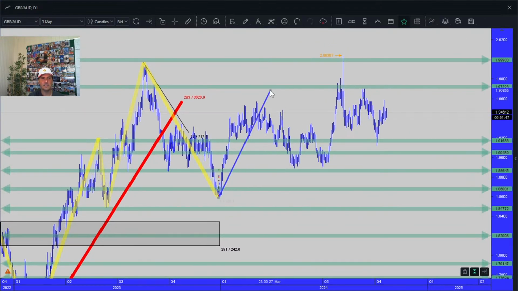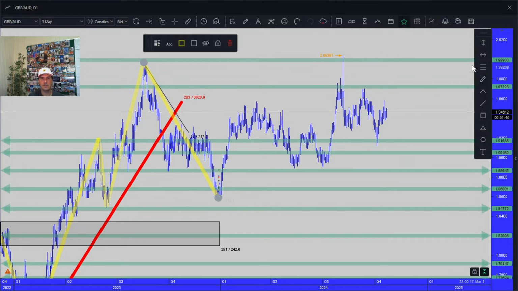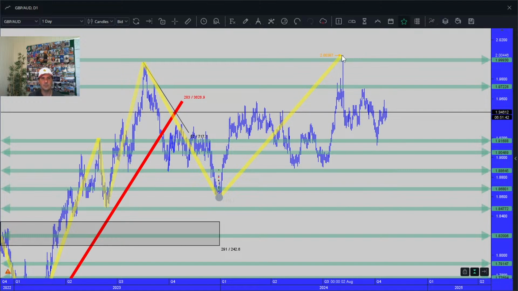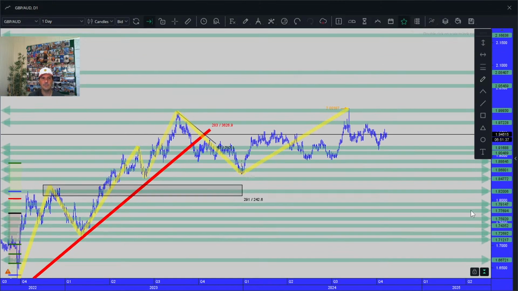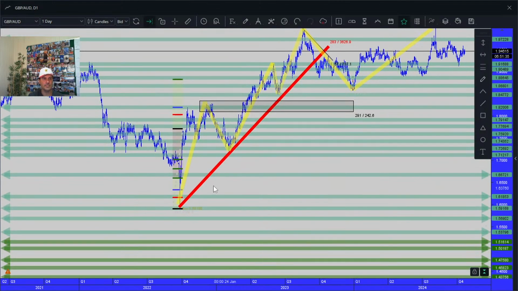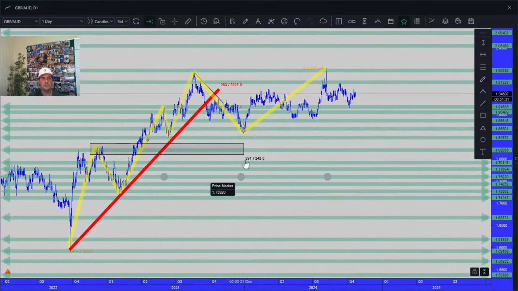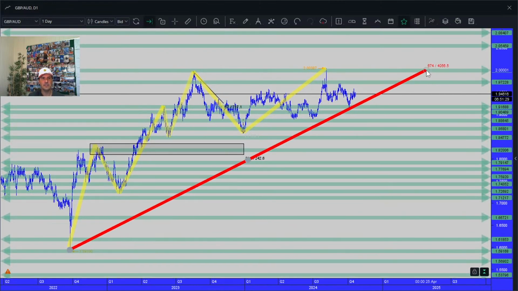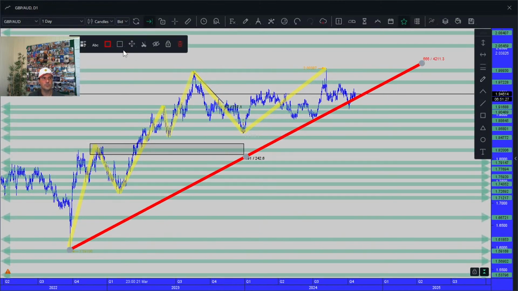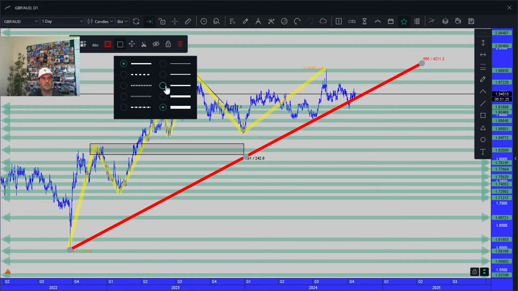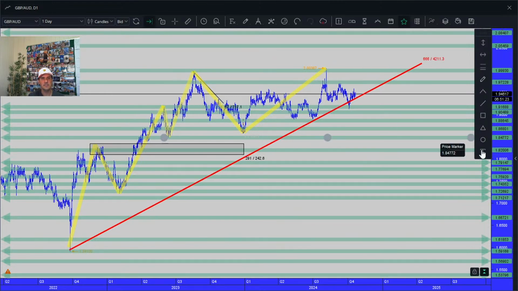Extension, retracement, extension. Should be click on this one. Extension, retracement, extension, right? So everybody charting, do you have your support, resistance, pivot points? So the uptrend line, it's like this so far. We can make it thicker. There you go.